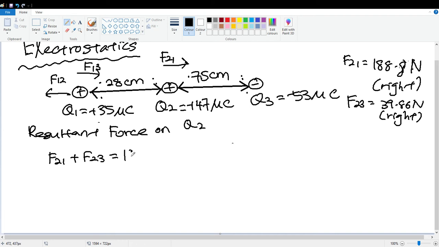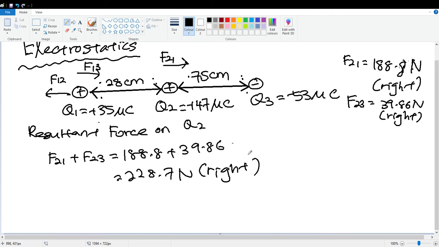So this is 188.8 plus 39.86, and what I get is 228.7 Newton. This direction is to the right.